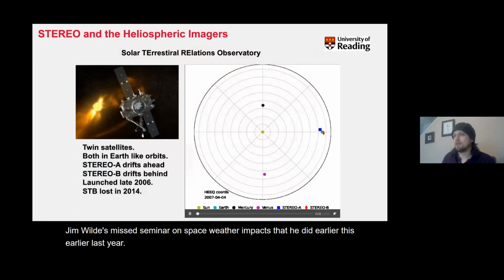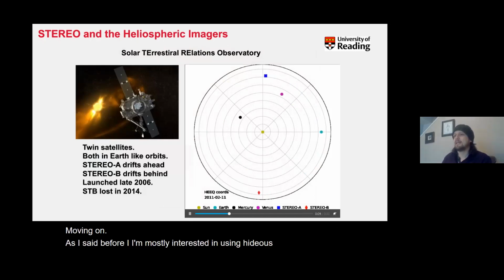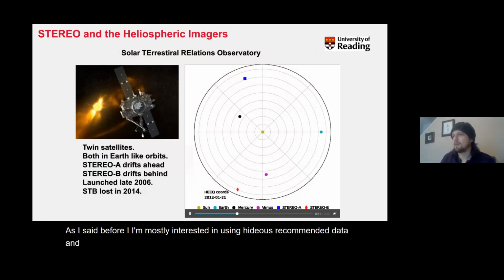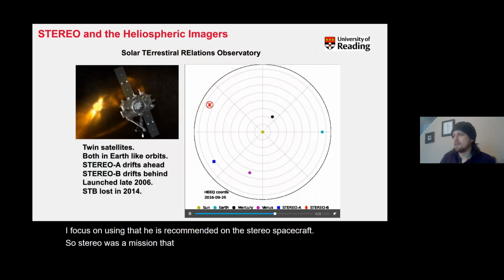So moving on, as I said before, I am mostly interested in using heliospheric imager data, and particularly I focus on using the heliospheric imagers on the STEREO spacecraft. STEREO was a mission that was launched in 2006.